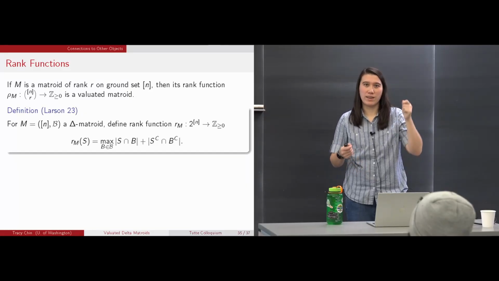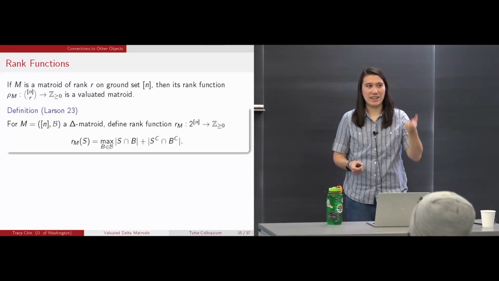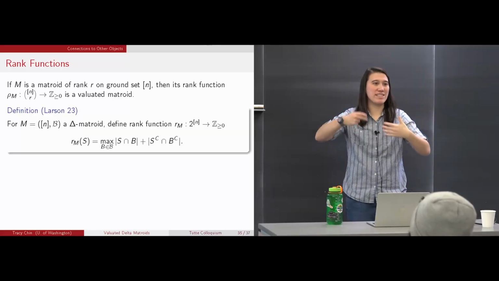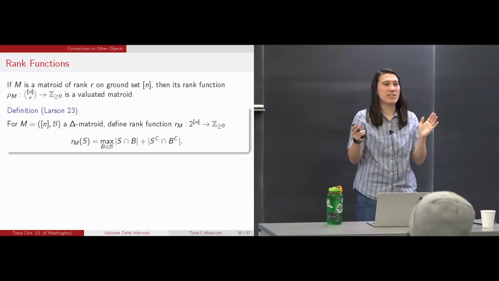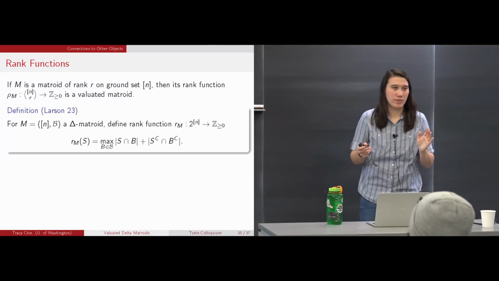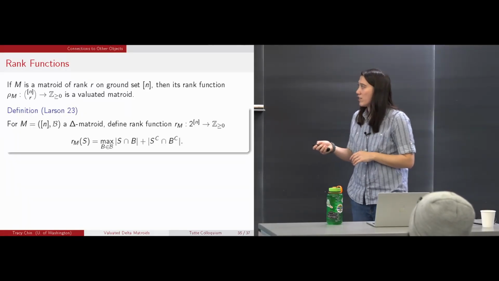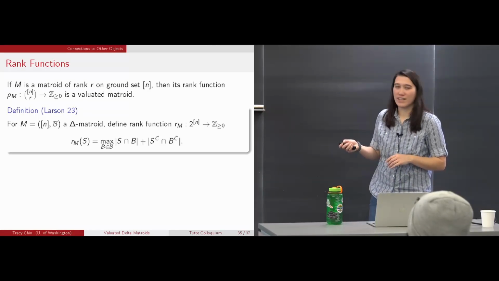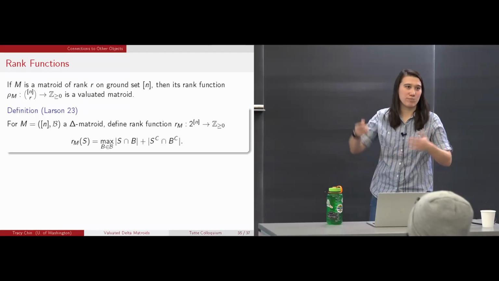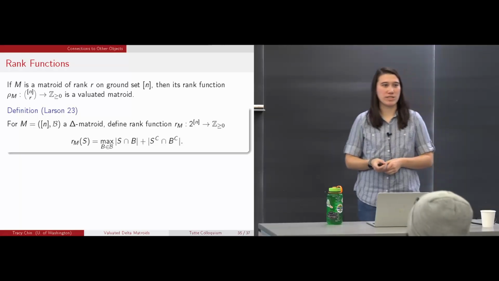And so somehow i being in the set and i not being in the set, if you do this to all of the bases, these are equivalent. If you think about it in terms of polytopes, this is some sort of symmetry of the hypercube. And so for delta matroids in our rank function, we also want to count all of the things that are not in our set and not in a basis. And this makes it invariant under this twisting action.